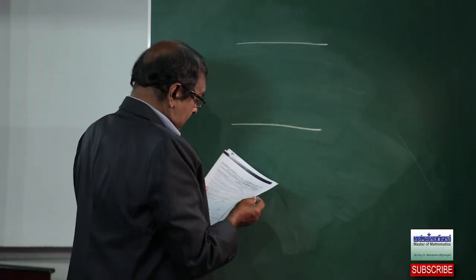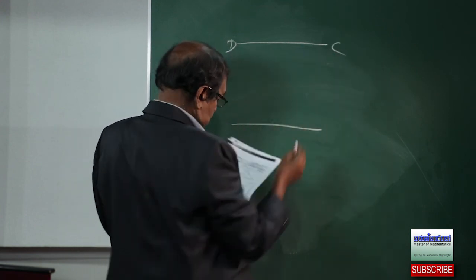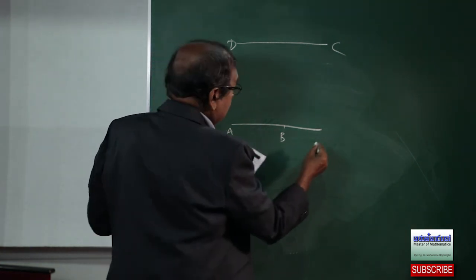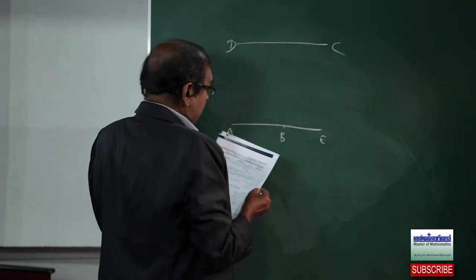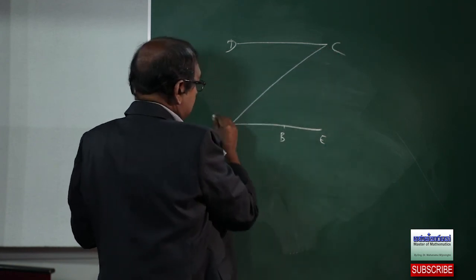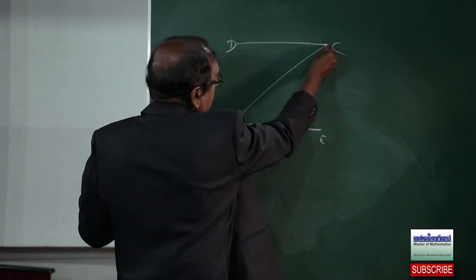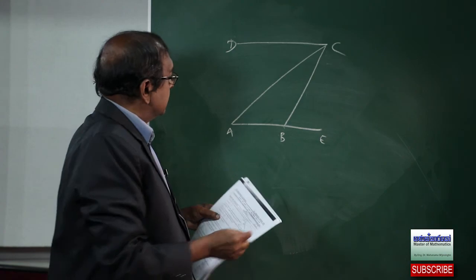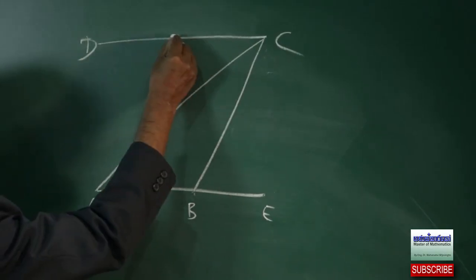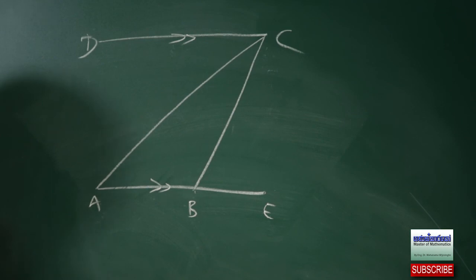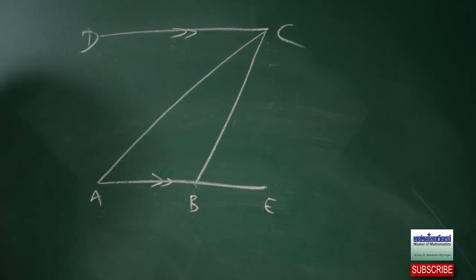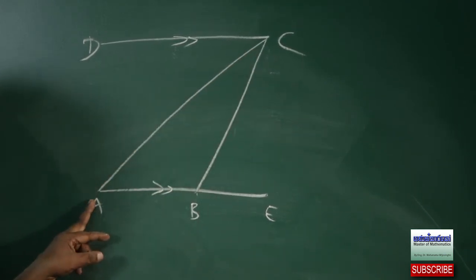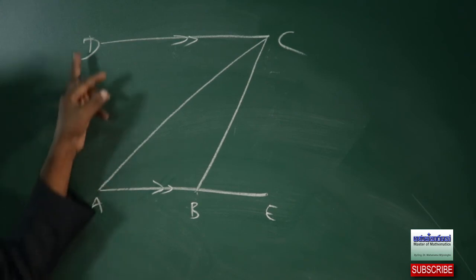It is mentioned that AE is parallel to DC, and CA is the bisector of angle DCB.